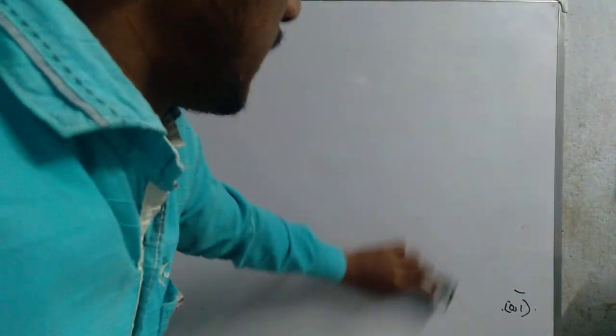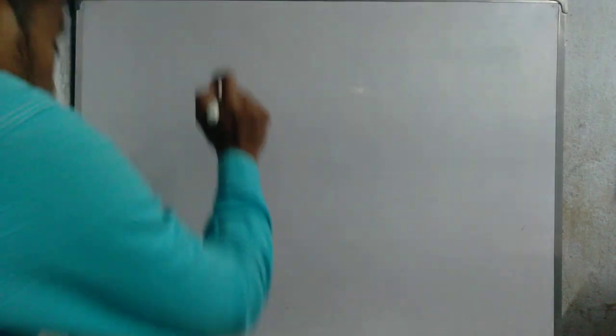We have to show that S is dense in R. Okay, then what we do, we take epsilon greater than 0.